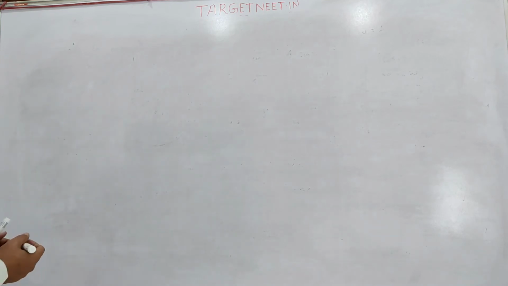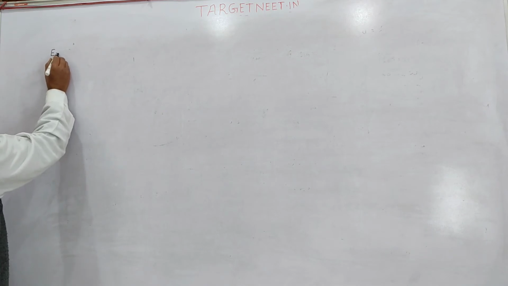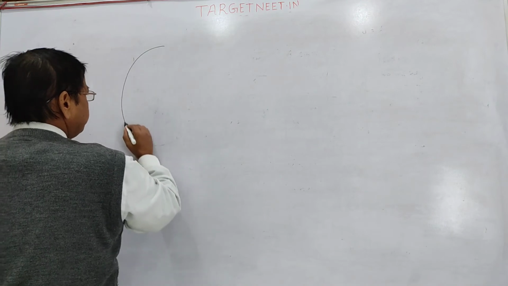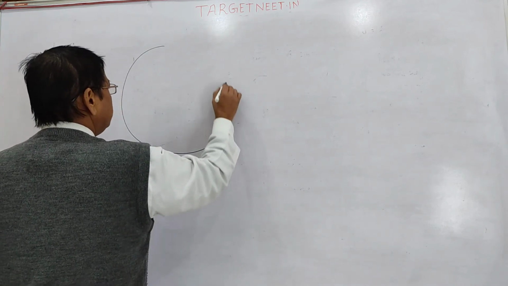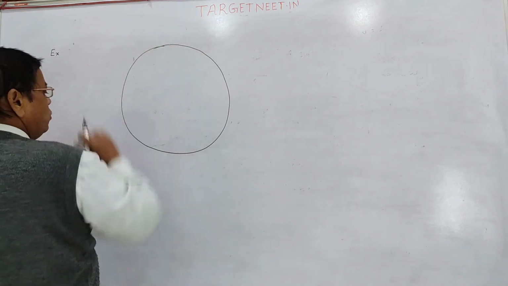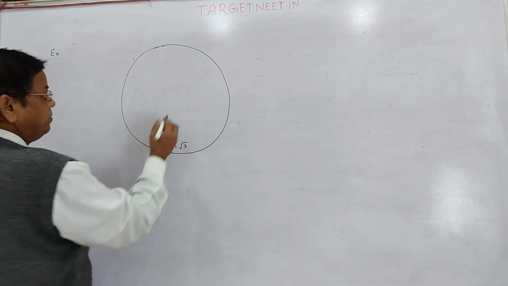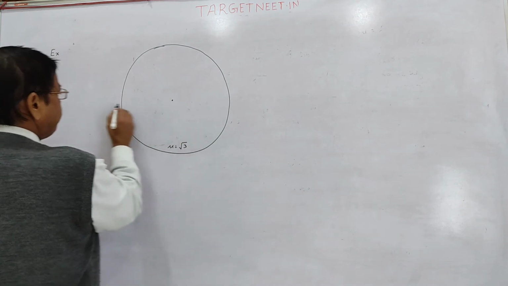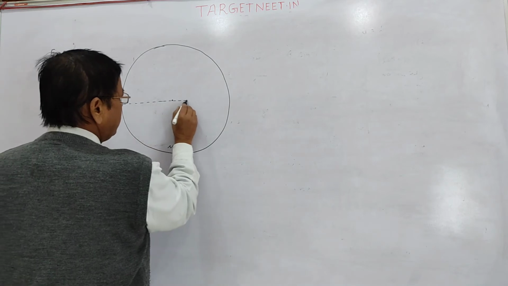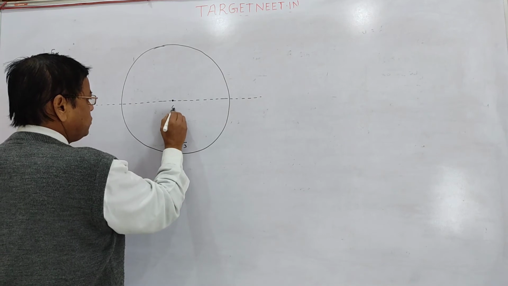So one more question on refraction, and this question is a bit difficult, so try to understand the question first. Suppose this is a sphere of a transparent material whose refractive index is √3. This is the center. This you may assume as the principal axis.